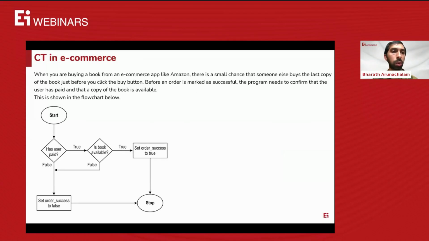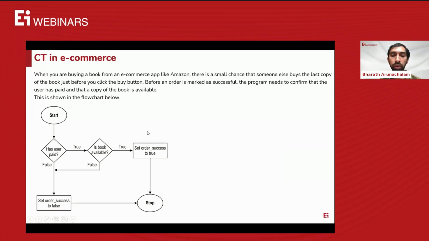This is prevalent in e-commerce. The stem for this is, when you're buying a book from an e-commerce app like Amazon, there is a small chance that someone else buys the last copy of a book just before you click the buy button. Before an order is marked as successful, the program needs to confirm that the user has paid and that the copy of the book is available.